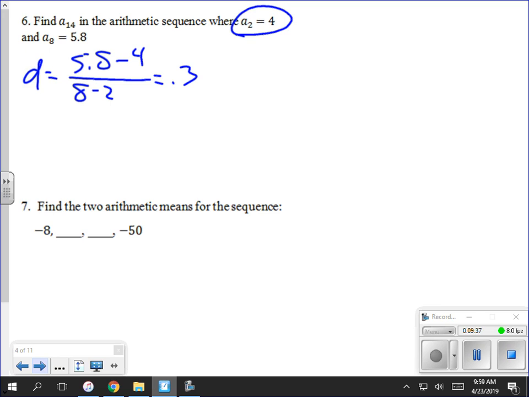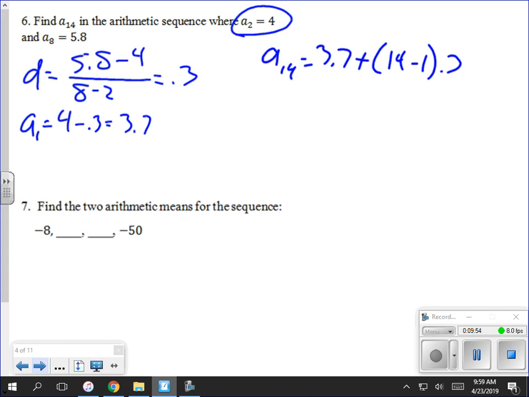Okay. So A sub 1 is 4 minus 0.3, or 3.7. So A sub 14, the 14th term, is 3.7 plus 14 minus 1 times 0.3.